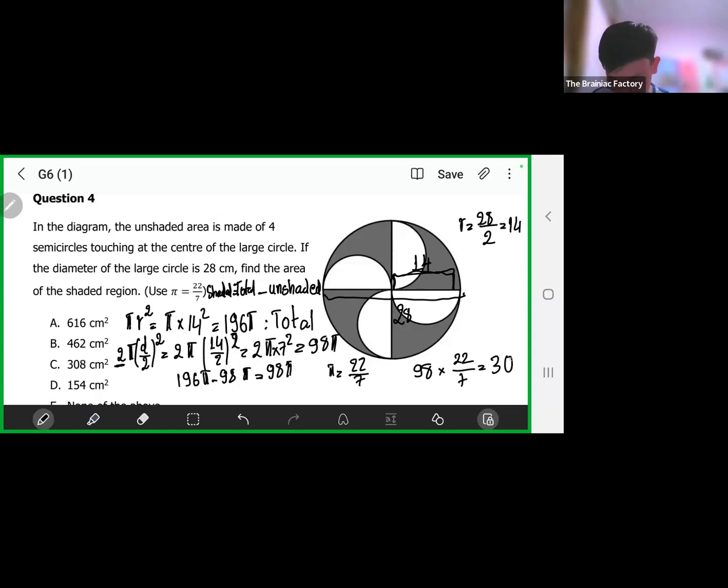So it is 308, which is C. And I can see most of you got it correctly. Okay, if you do have any question, you can send me a direct message, or you can just unmute and ask me directly.